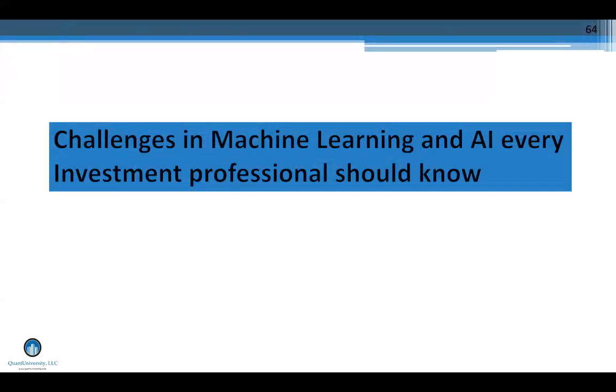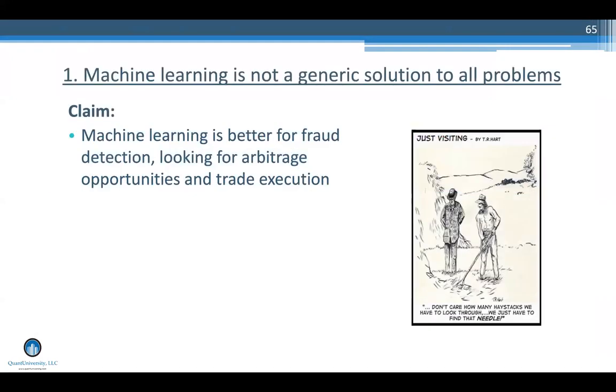So I'm going to conclude this second part with what I call the 5 things you need to know. So if you do not understand any of these algorithms or some of the details I presented to you, at least remember these 5 things I'm going to talk about in the next few minutes. Just to basically let you know that machine learning is not a generic solution to all problems.